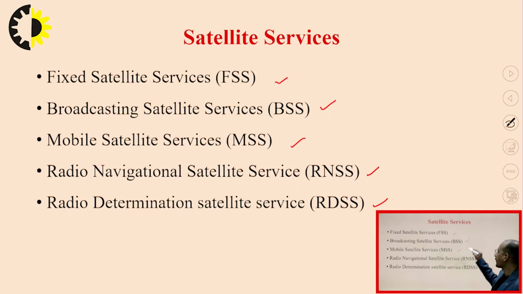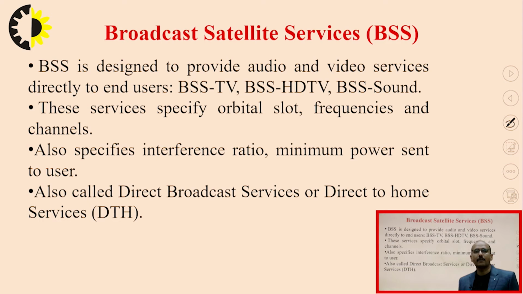Then the second point is BSS, broadcast satellite services. When we are talking about broadcast satellite services, it is designed to provide audio and video services directly to the end users, such as your HD TV or your dish TV concept.